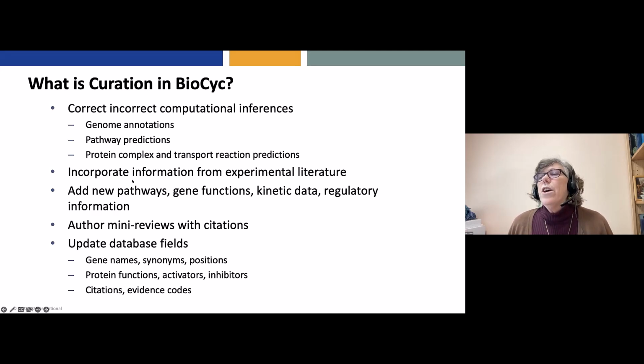And from that, the curators author mini reviews for things such as gene functions, pathways, provide kinetic data that might be available, any regulatory information, updating the different database fields within that organism, making sure that gene names are accurate, providing synonyms for things so people can find them if they're indicated in one publication differently than indicated in another, or names change.